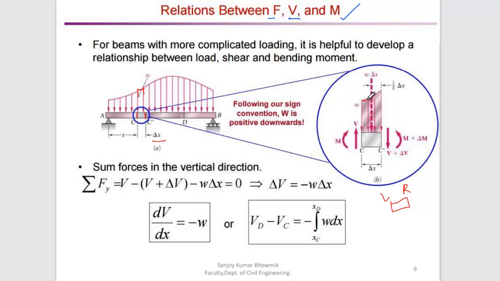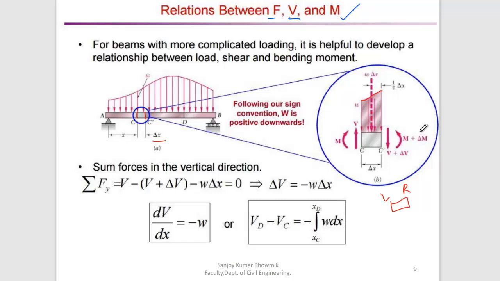We can see this load looks like a uniformly distributed load, though it is not uniformly distributed in the actual scenario, but since this is a very small portion, the curvature conditions we can neglect. So it looks like a uniformly distributed load, so this load height is W and this distance is dx.